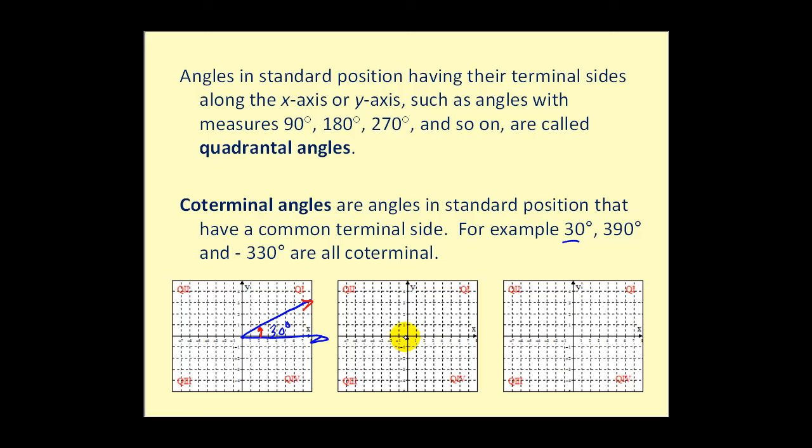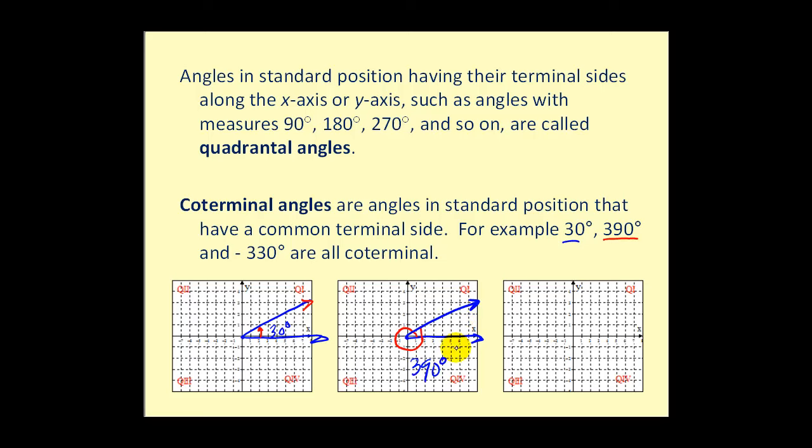So if I start here, rotate counterclockwise one complete revolution, that would be 360 degrees. And to plot 390, I need to go 30 more degrees. So as you can see, if I rotate 30 more degrees from here, it's going to be coterminal with positive 30 degrees because the terminal side of the angle ends up in the same position.